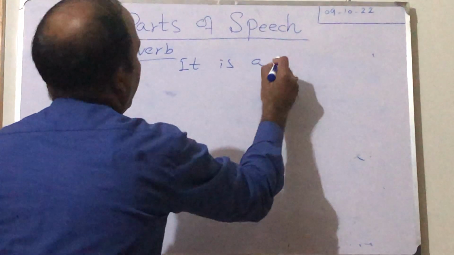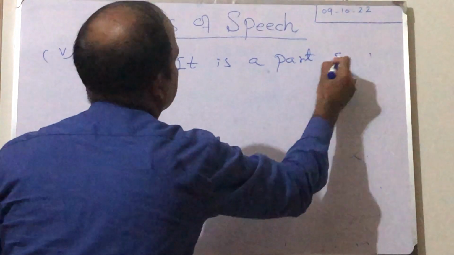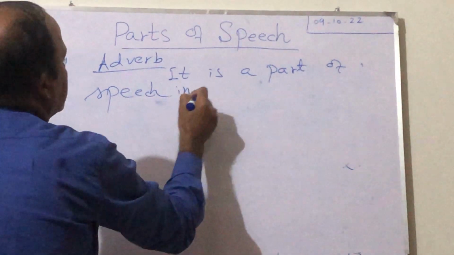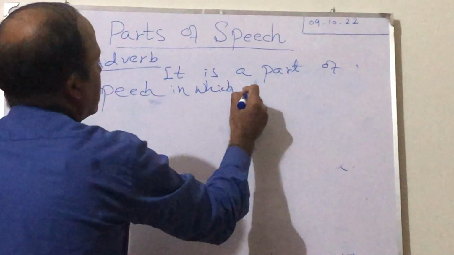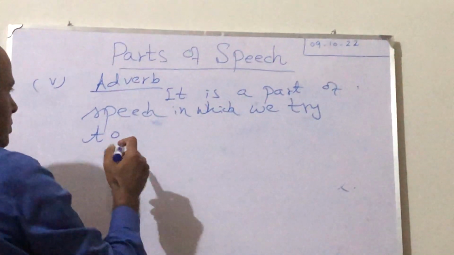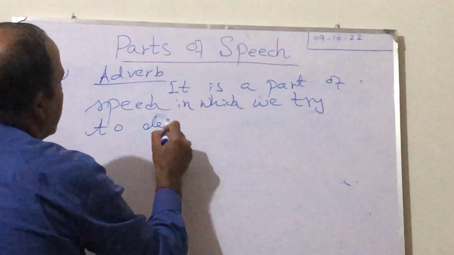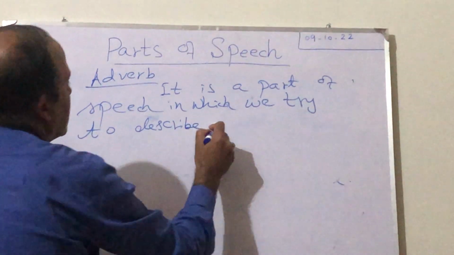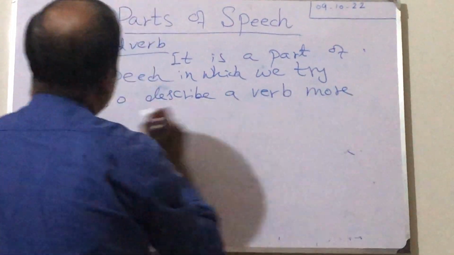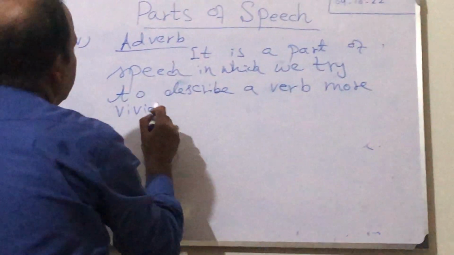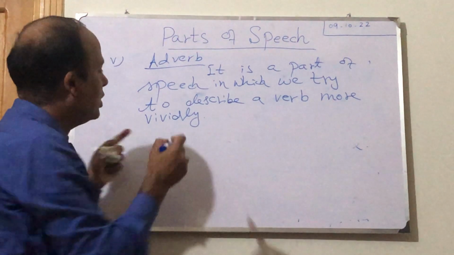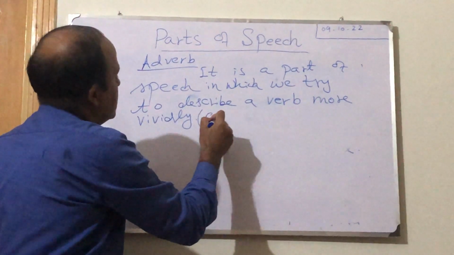It is a part of speech in which we try to describe a verb more vividly. If you're finding vividly a kind of difficult word, an easy word is clearly.